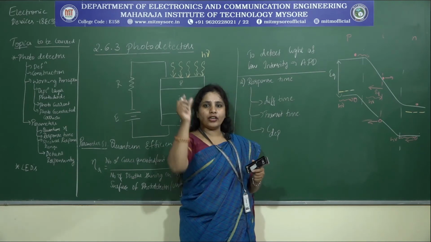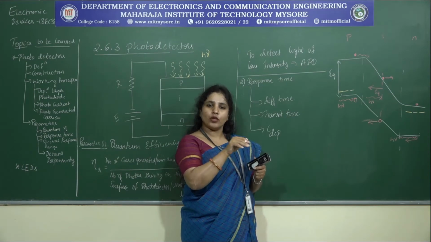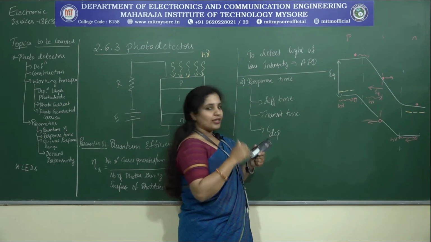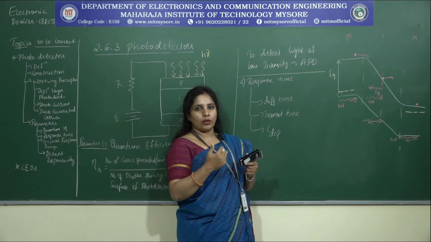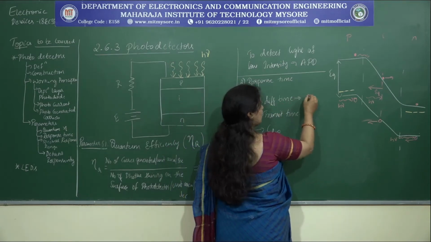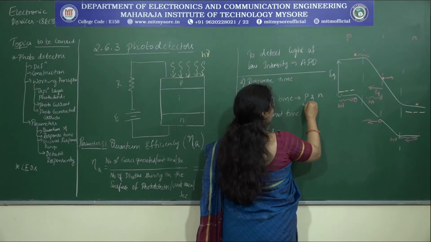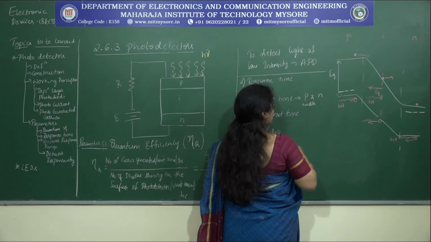Therefore, if I make those regions thin, the distance that it has to traverse is less. As a result, the time that it takes to respond will be less. Therefore, in order to have a less diffusion time, the P and N width should be thin.